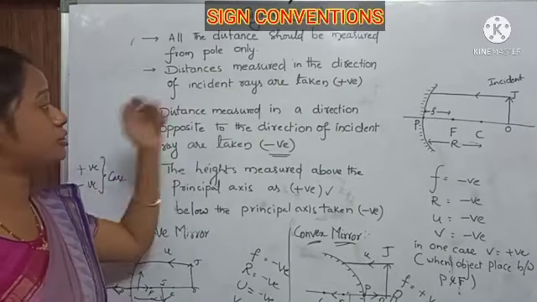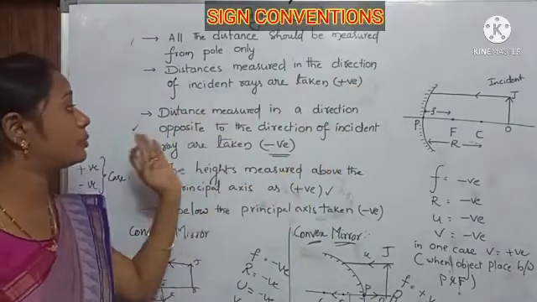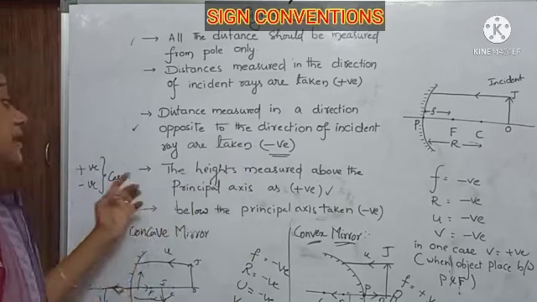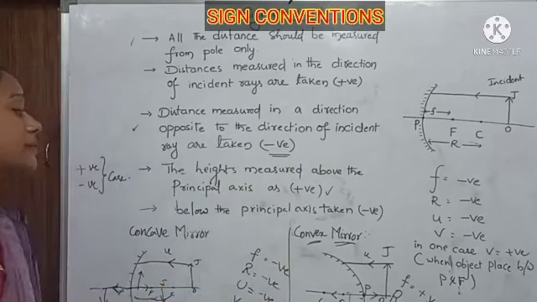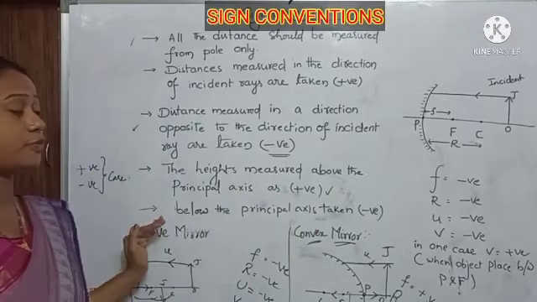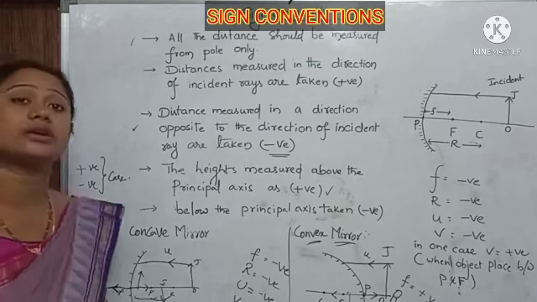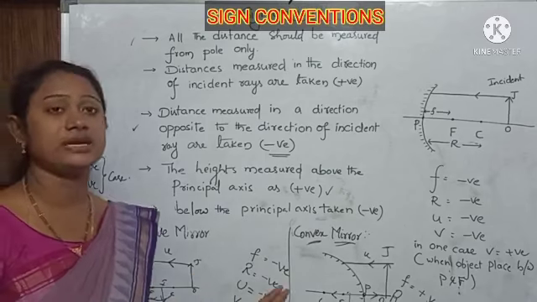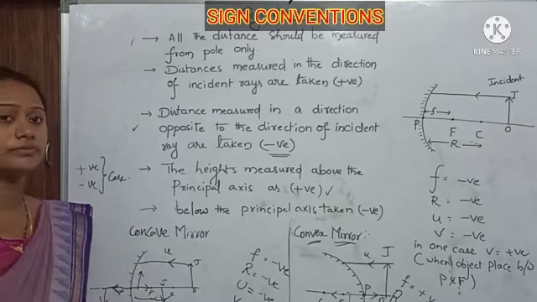Distances measured in the direction of the incident ray are taken as positive. Distances measured opposite to the direction of the incident ray are taken as negative. Heights measured above the principal axis are positive, and below the principal axis are negative. When we remember these points, we can understand convex and concave mirrors, and in problems also we will use all these signs to solve them. Understood everyone?